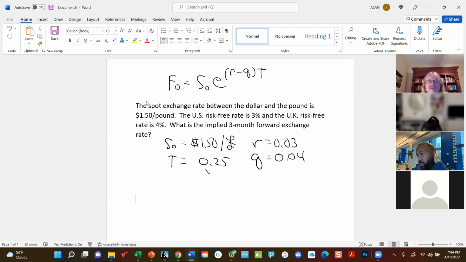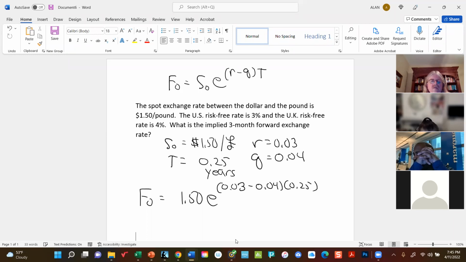What does G mean? Time. Oh, G means time? Yes. So therefore, F0, today's forward exchange rate, would be 150 times e to the power of (0.03 minus 0.04).